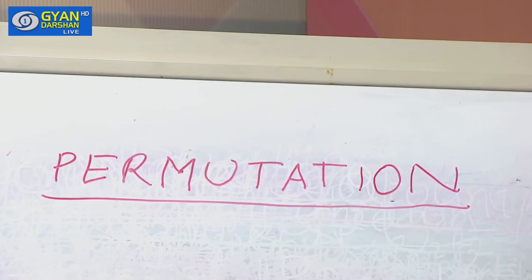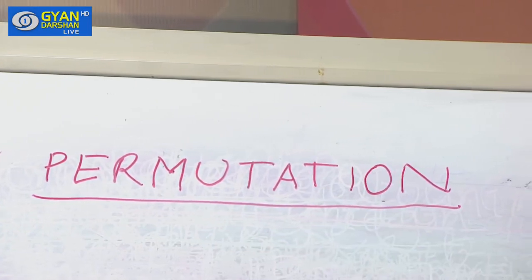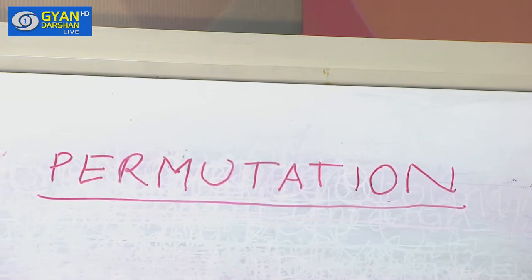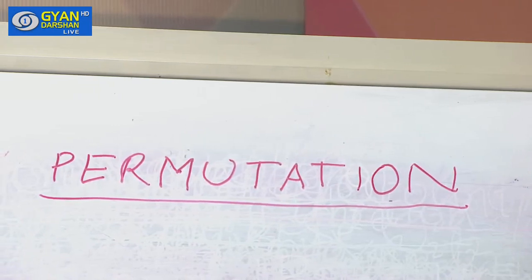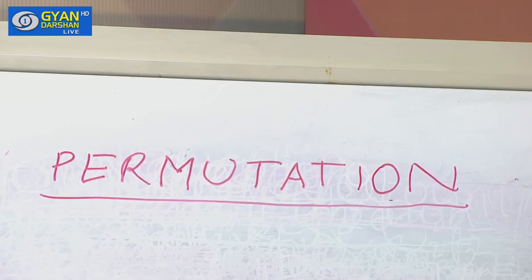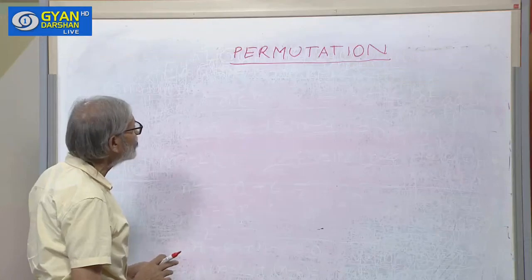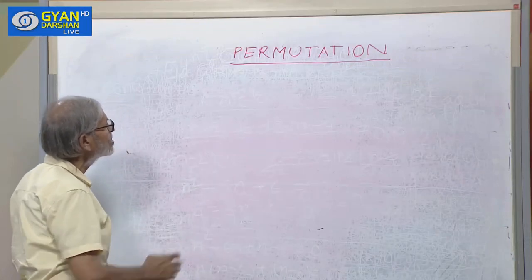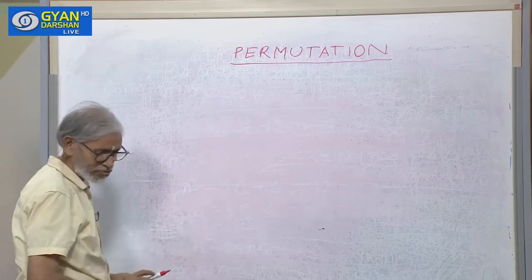It is a very good and interesting branch of mathematics, which is also related to art and aesthetics. You see how things can be arranged in how many manners. The study of these things we do in permutation.